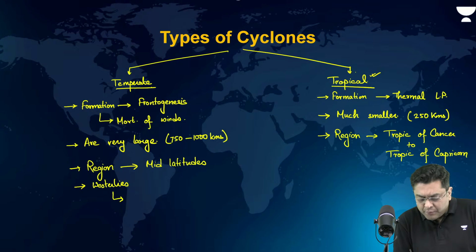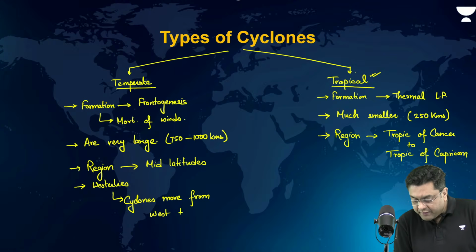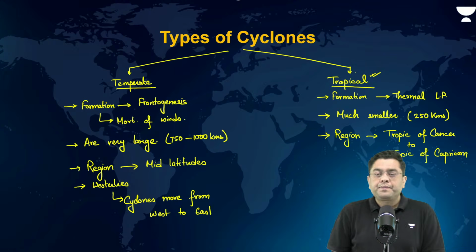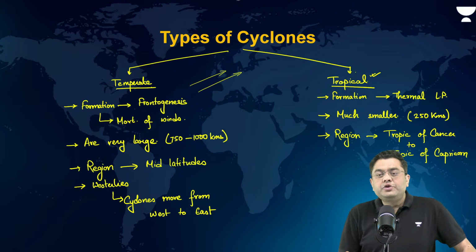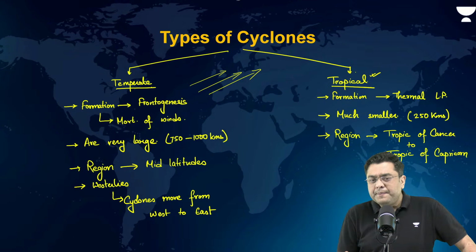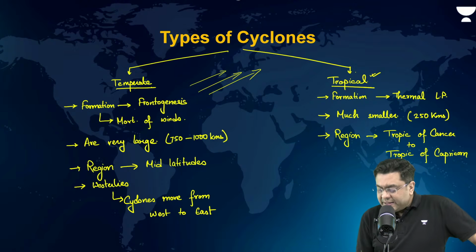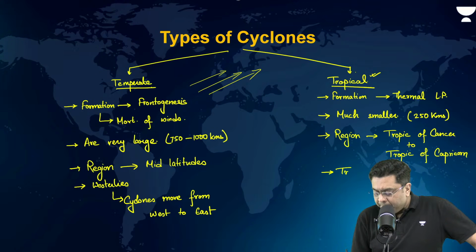So cyclones will move from west to east under the influence of westerlies. In general, what is the wind movement in this area? West to east, isn't it? Now, in this region, tropical cyclones, the permanent wind system is trade winds. Now, what is the direction of the trade winds?